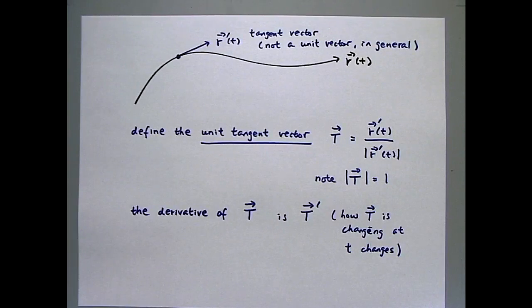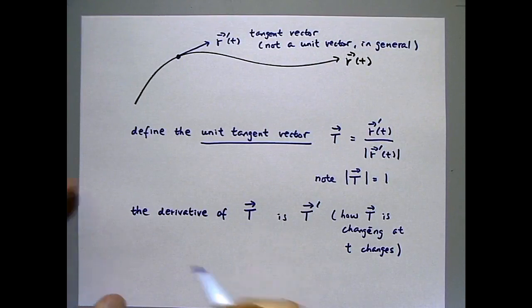I can think of 3 examples off the top of my head. How about the i, j, k vectors? Are they unit vectors? Is the derivative of the i, j, k vectors any of the i, j or k unit vector? What's the derivative of i?